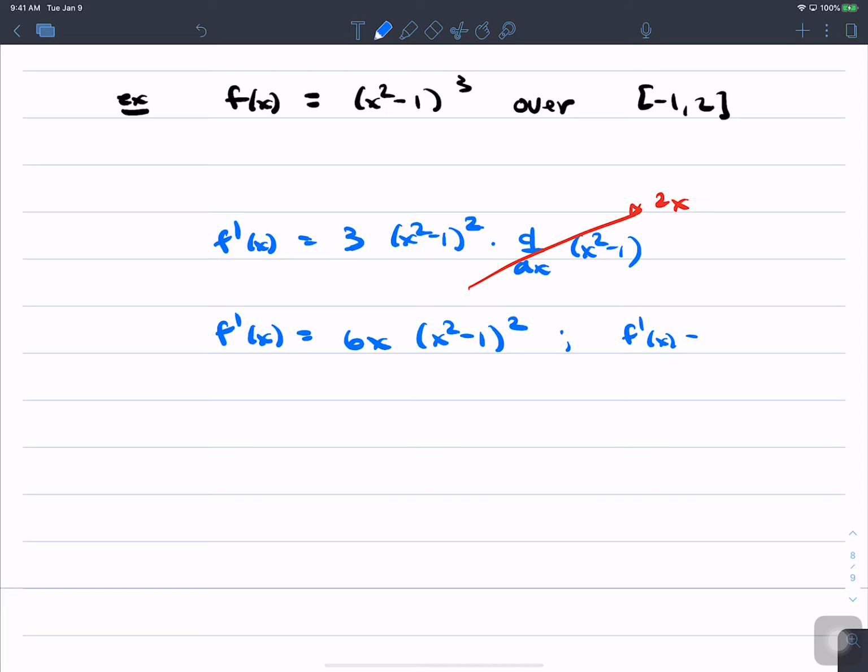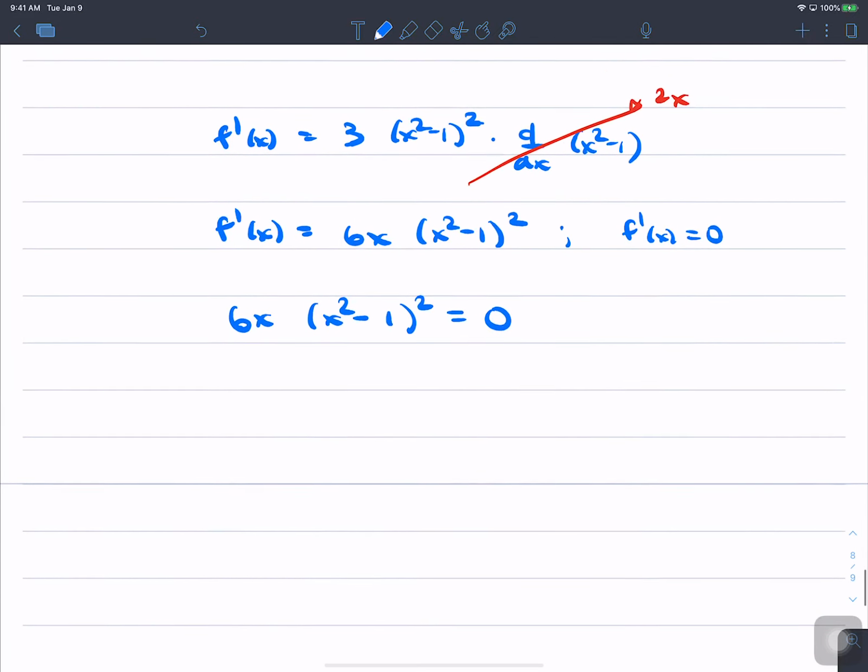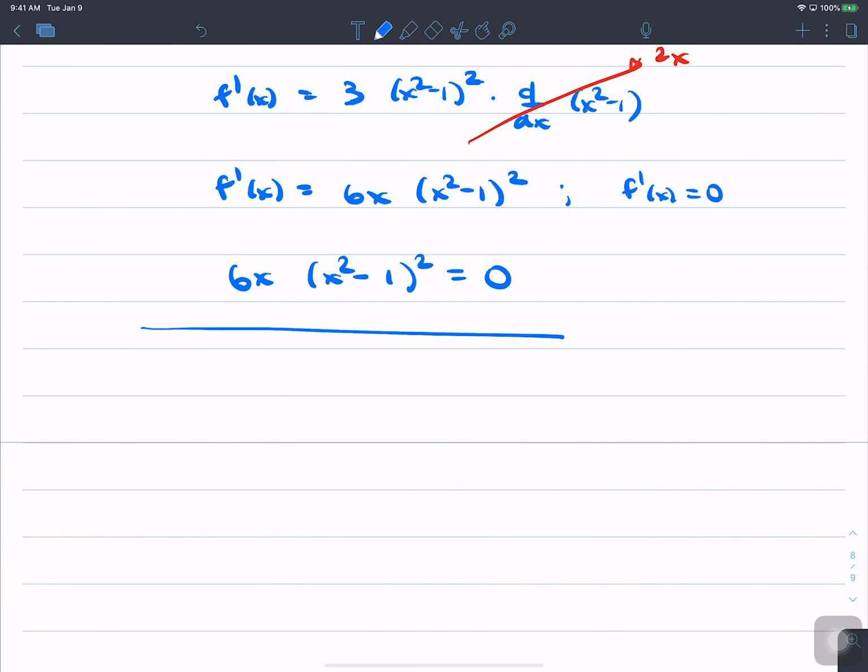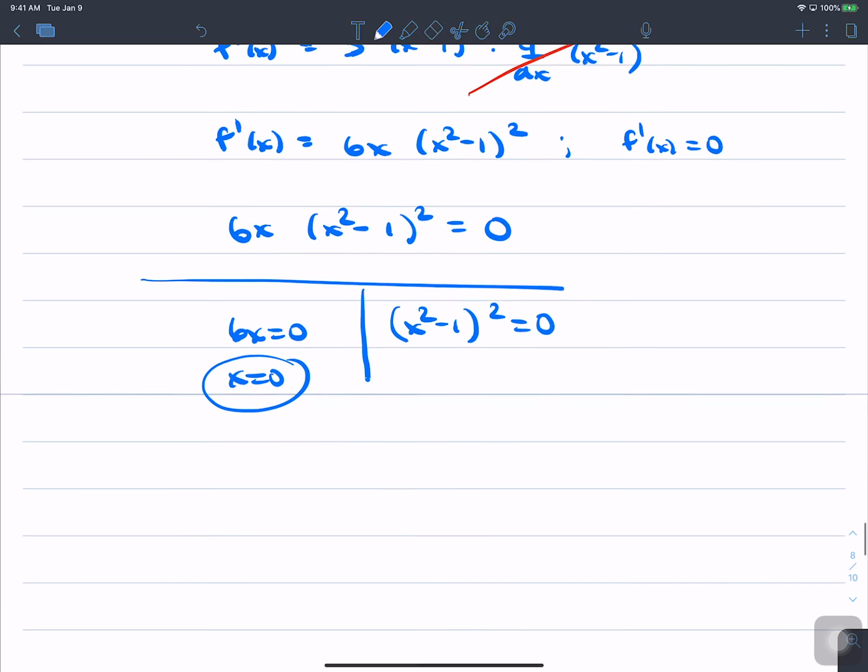So we set that derivative equal to 0, which means we have 6x times (x squared minus 1) squared equal to 0. You're going to have to set each term equal to 0 by using the zero product rule and solve for x. That means x is 0.